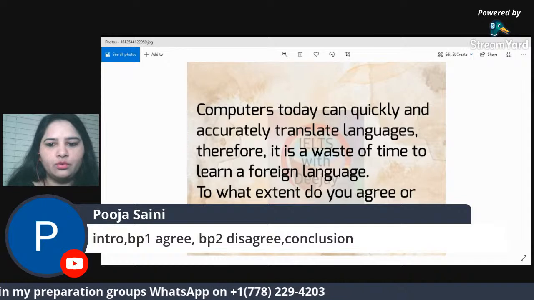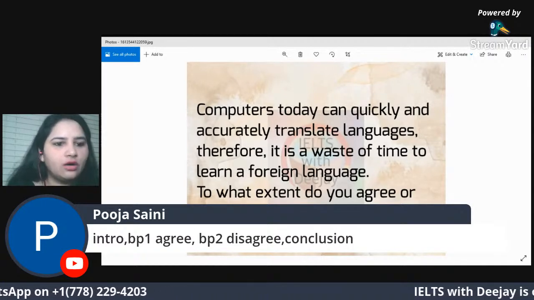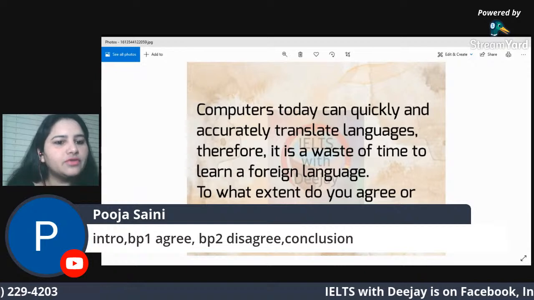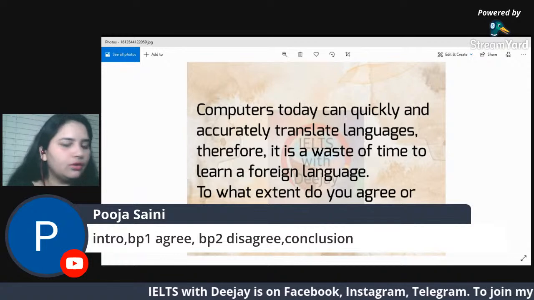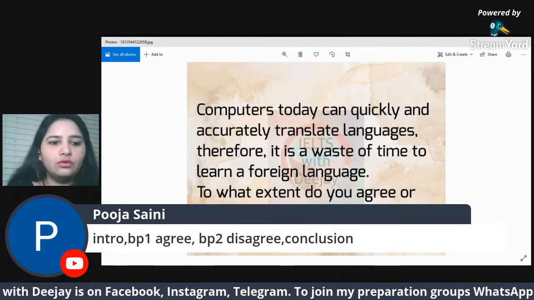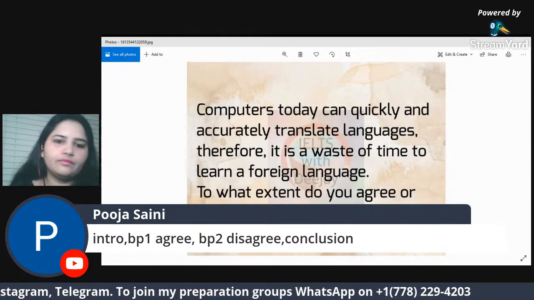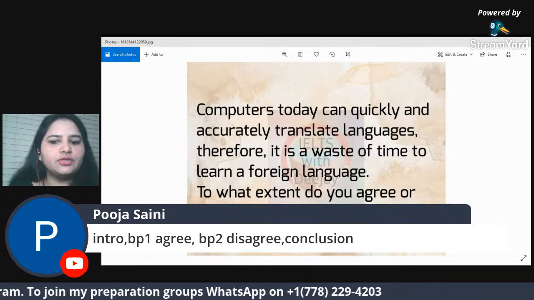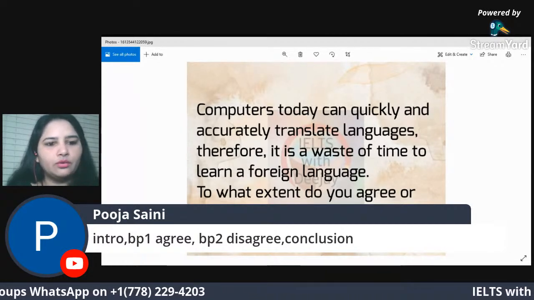You said you will write BP1 agree, BP2 disagree. That is how you can do it. But we have three ways of doing this kind of question, so you have the option. Anything else or any doubt in the format? The format is simple: you can choose any of the three ways which you prefer.